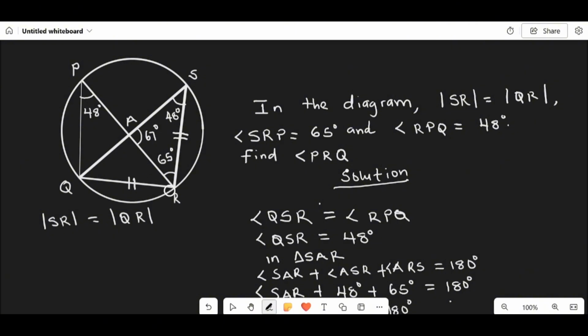So we can say that our angle RXQ is equal to our angle RQX.